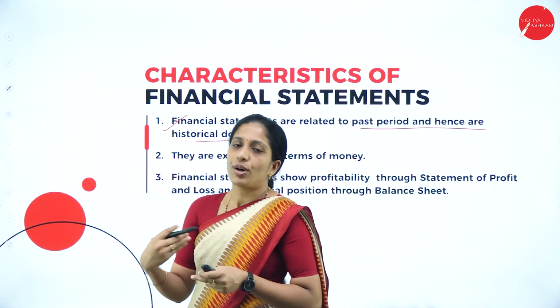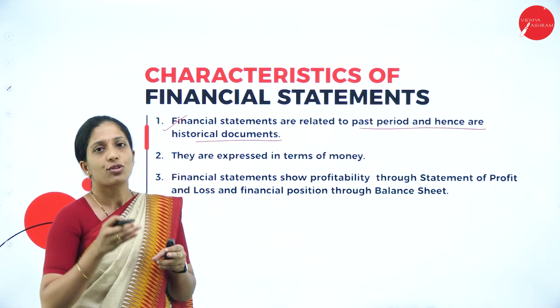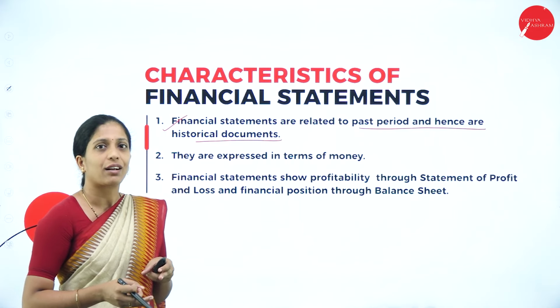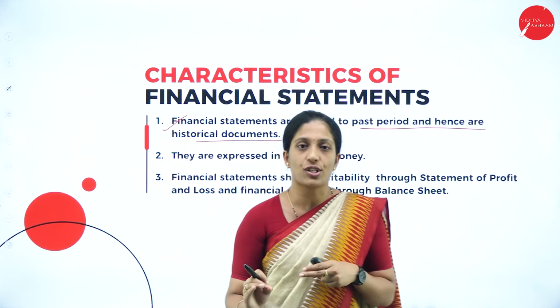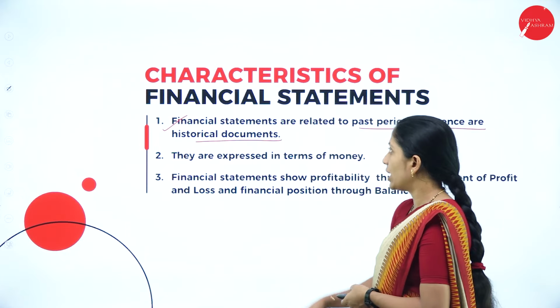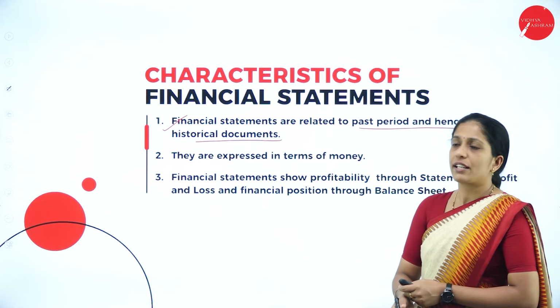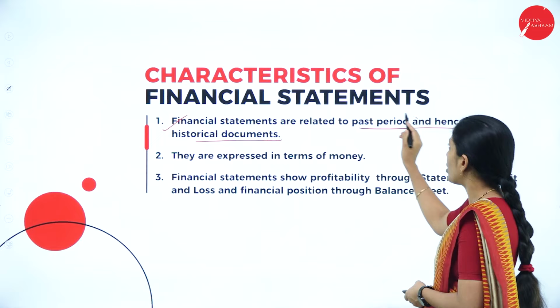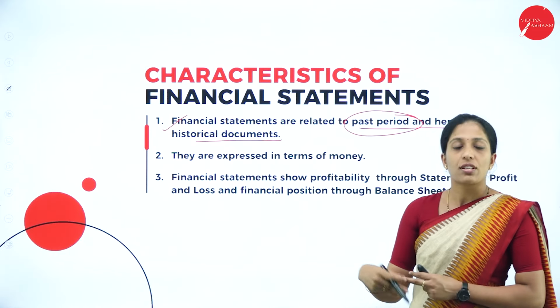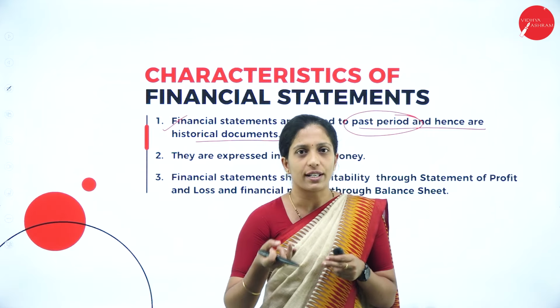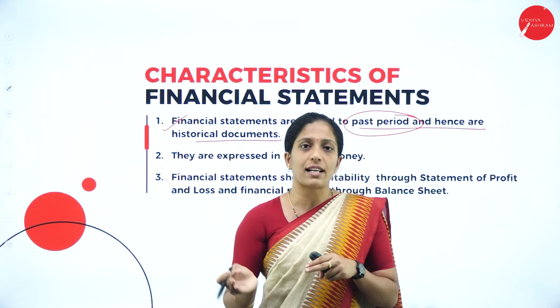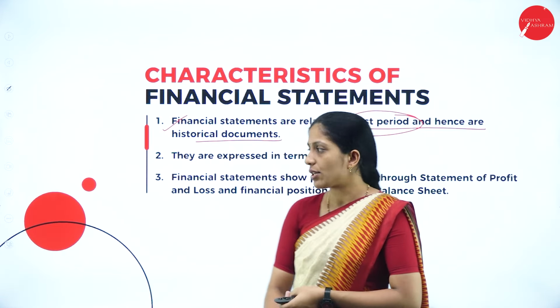Of course, whatever transactions we record in the books of account are past transactions, which are historical in nature. So financial statements are related to what? Past period. These transactions have already occurred, and we are going to record them now, which means the transactions are historical in nature.